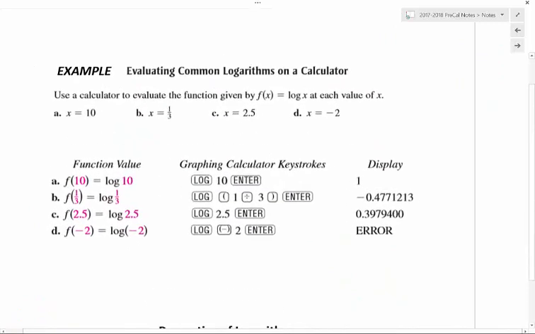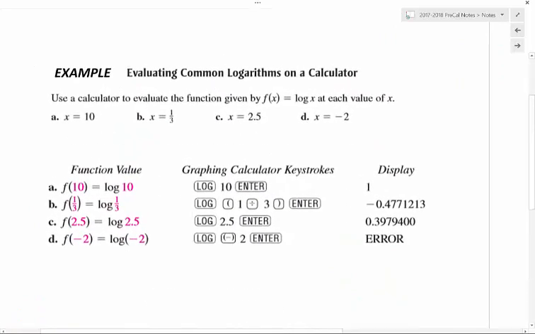Now, evaluating some common logarithms in the calculator. You have a log button in your calculator. Let me make this clear. The calculator log button is set to log base 10 of something. So the calculator is already set up to do a log base 10 of whatever you type into it.